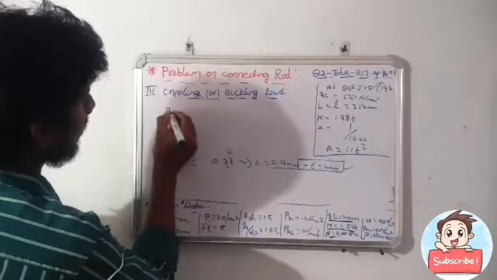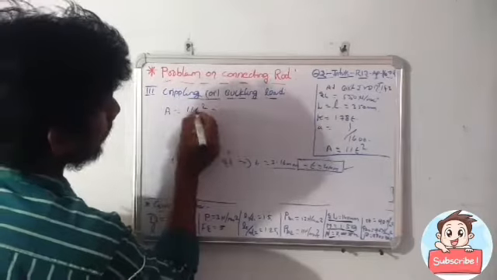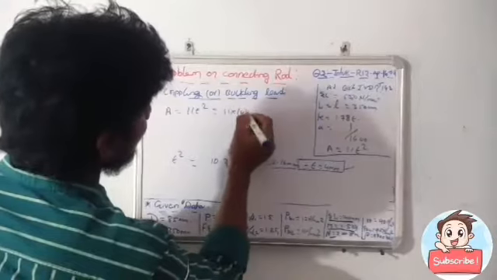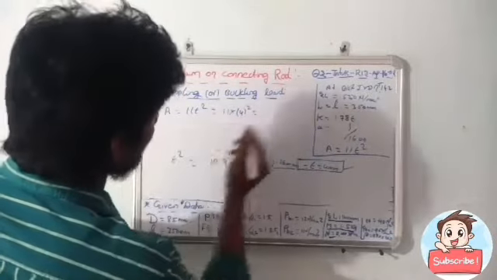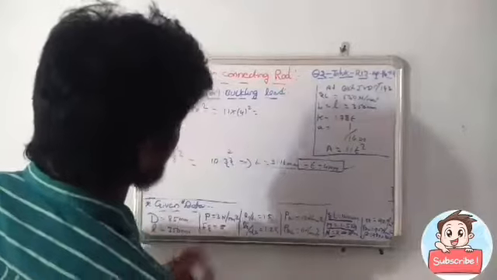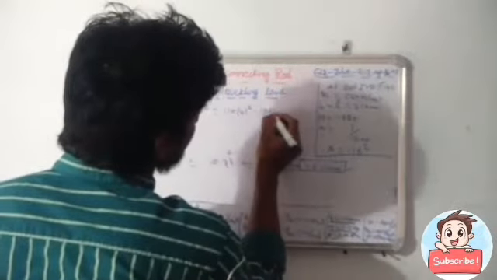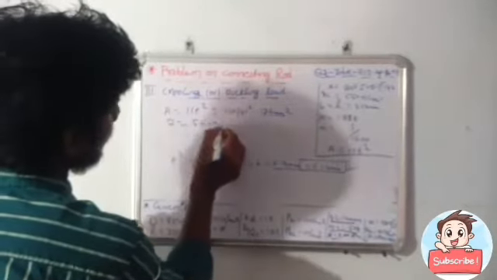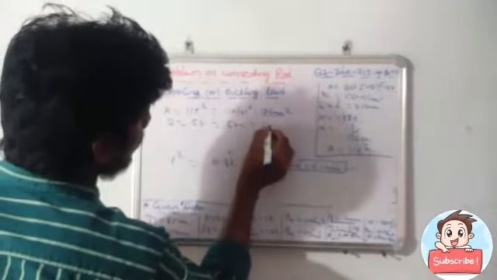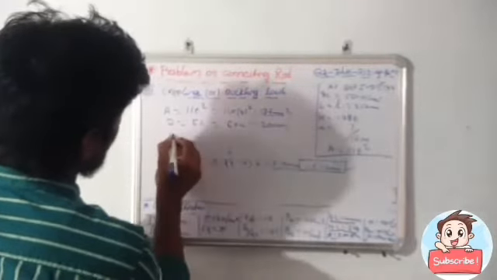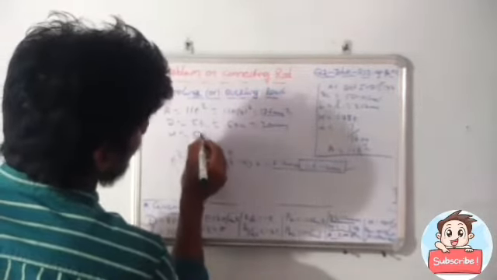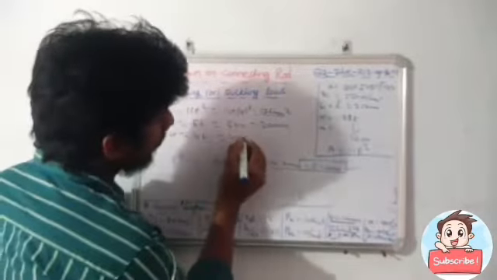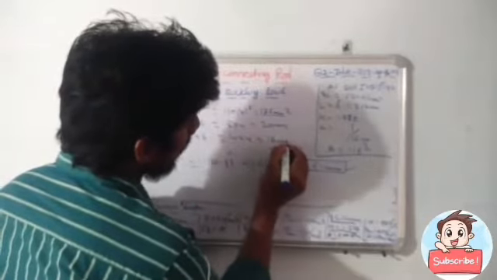Here area equal to 11 t square, so that is equal to 11 into 4 square. By simplifying this one, we get the area value 176 mm square, and depth of the connecting rod is 5 times t, that is 5 into 4, that is equal to 20 mm, and width of the connecting rod is 4 times t, that is 4 into 4, or 16 mm.